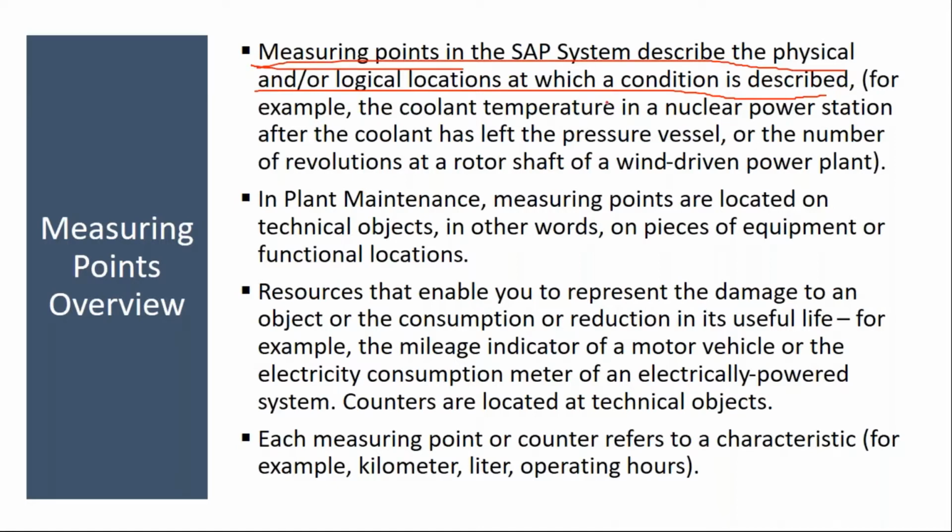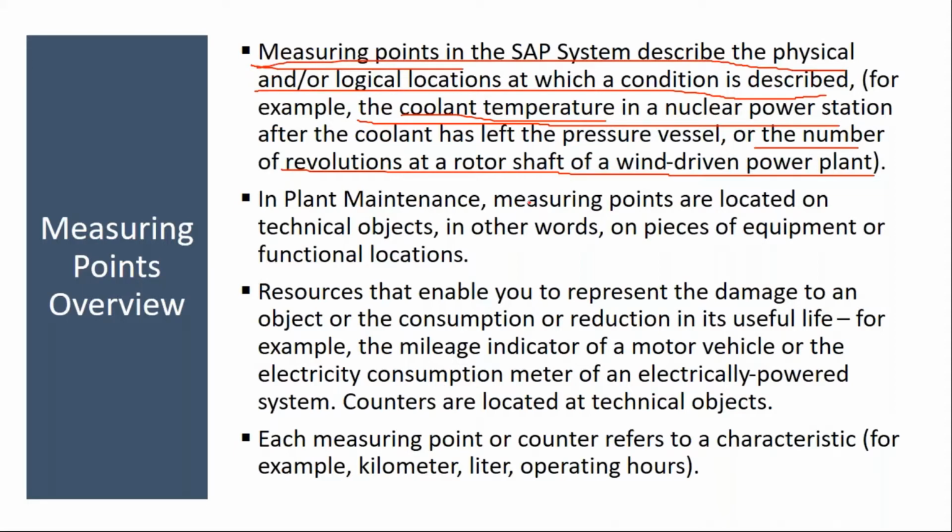For example, the coolant temperature in a nuclear power station. So you want to measure the coolant temperature. Or the number of revolutions at a rotor shaft of a wind driven power plant. So you want to measure number of revolutions.